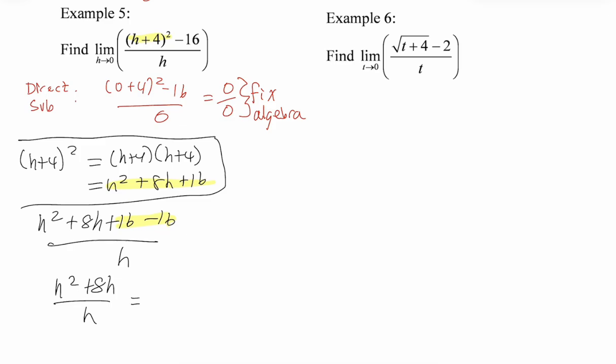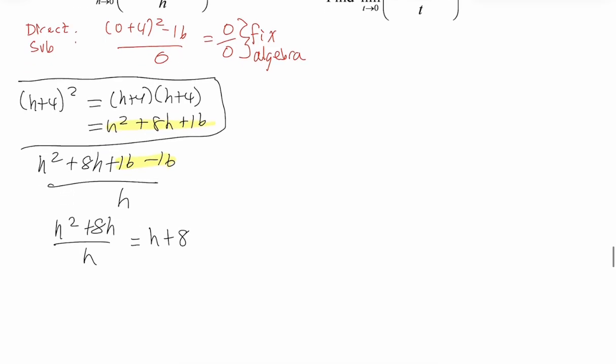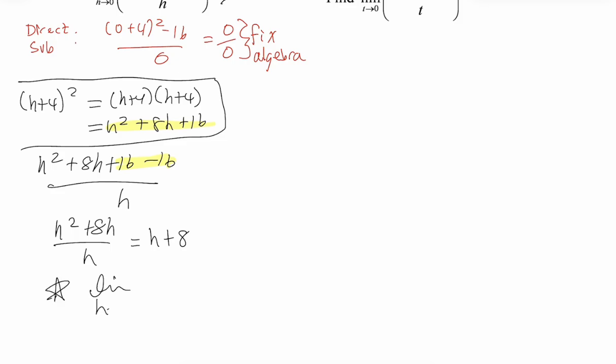And so we found that the original function, except for at the point 0, is equivalent to a very simple polynomial, h plus 8. So what we found is the limit up here is really equal to the limit as h approaches 0 of h plus 8, which I can use direct substitution for very quickly.